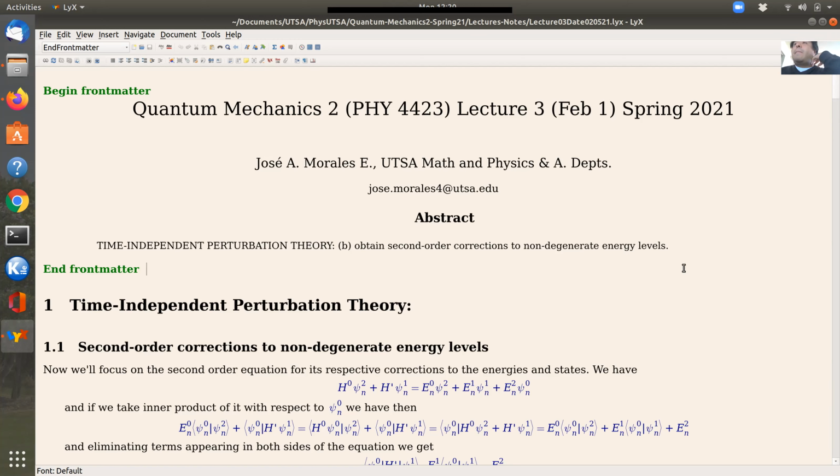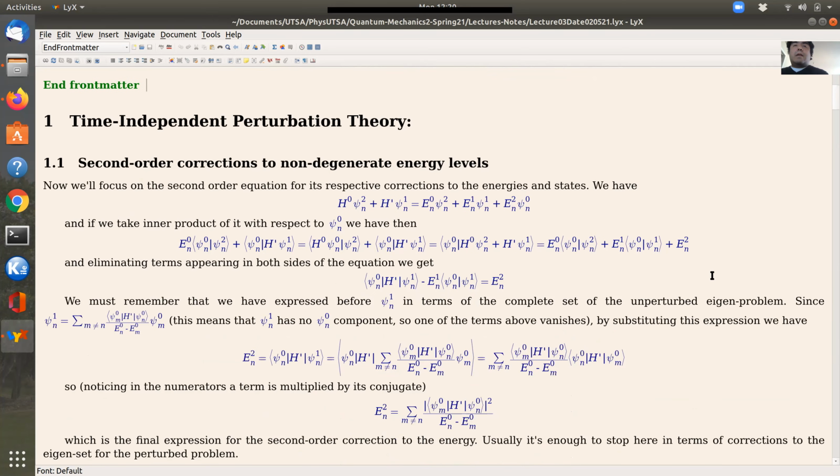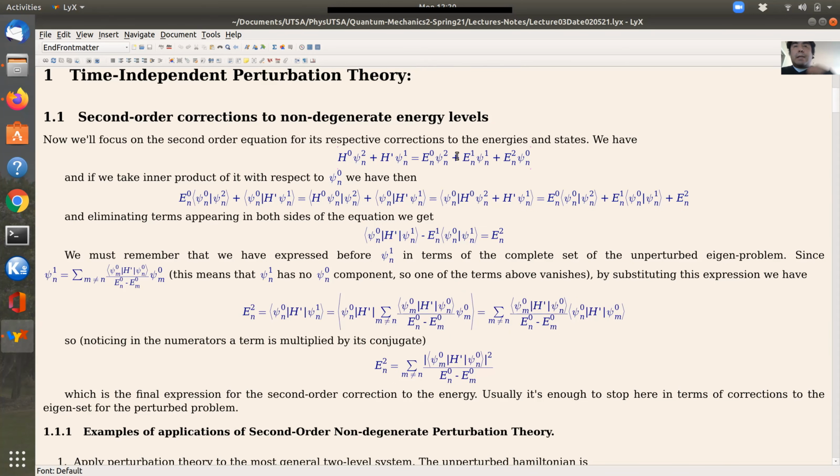I want to present an example in detail, though, that shows many of the issues involved with perturbation theory, with a relatively simple example in the sense of its posing, perhaps not so much in the solution, but I think it gives a good flavor of what is happening. In any case, let's continue with time-independent perturbation theory and second-order corrections to non-degenerate energy levels.